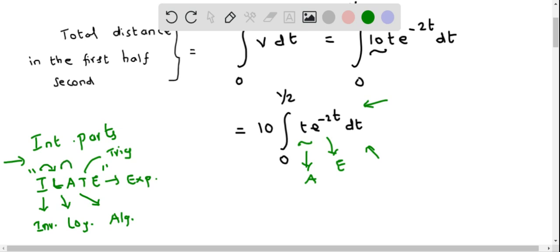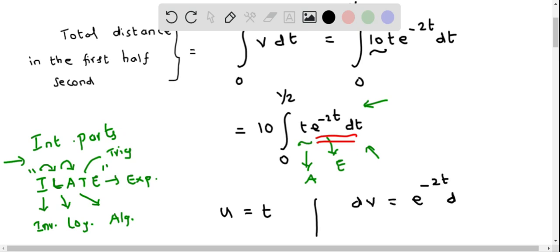Moving from logarithmic to algebraic, we have algebraic, so we can choose u as the algebraic function. Therefore we choose u equal to t, and once we have chosen u, the rest of the terms including the dt, we choose as dv. So I'm going to write down dv, and this equals e raised to the power of negative 2t dt.